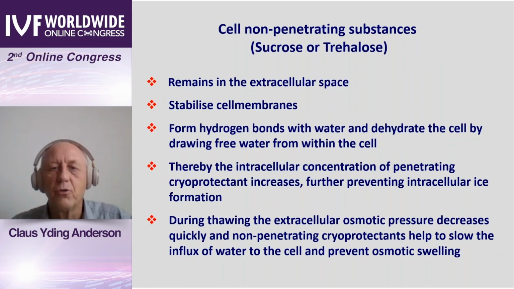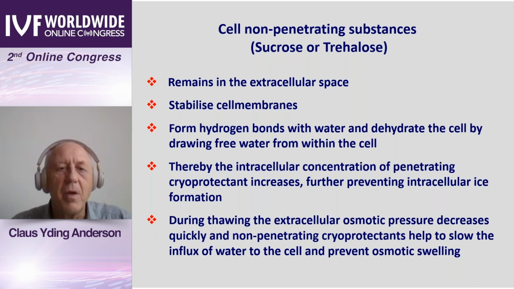Also, we normally use sucrose or trehalose, which are non-penetrating substances. Although sucrose is just made up of 2 different carbohydrates, they do not penetrate into the cell. So this means that they stay outside, and they do the same thing as the cryoprotectants. They actually form hydrogen bonds with water.